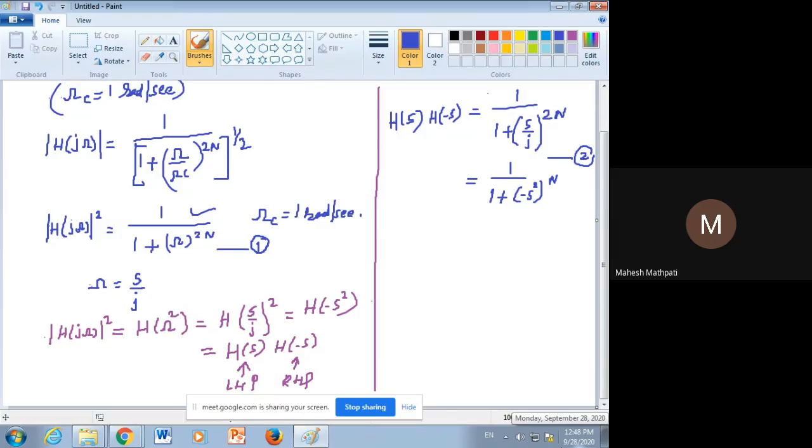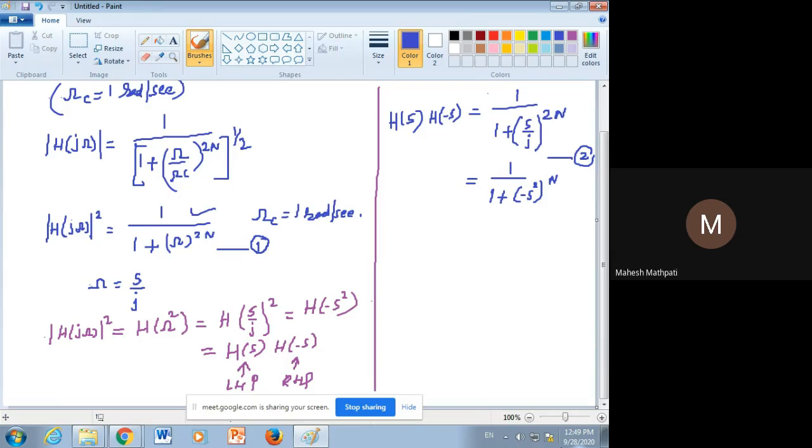In bracket you write LHP. As well as in the right half of S plane, that is RHP, you just write.